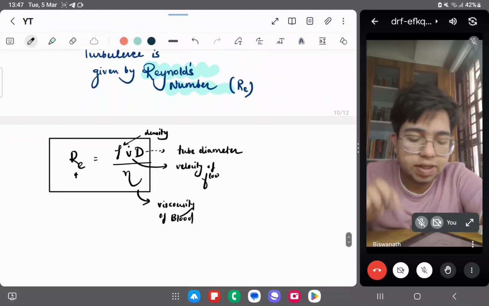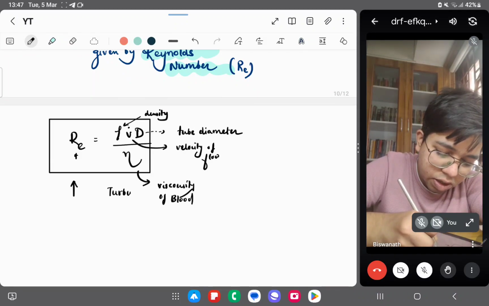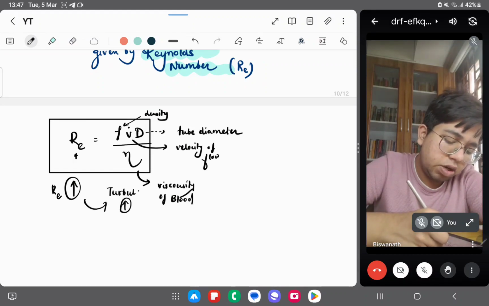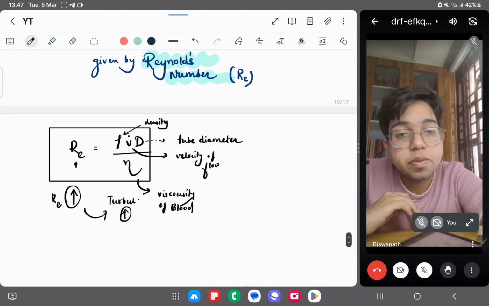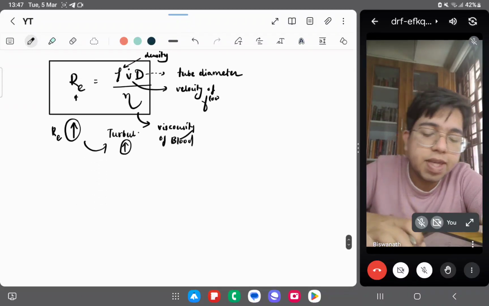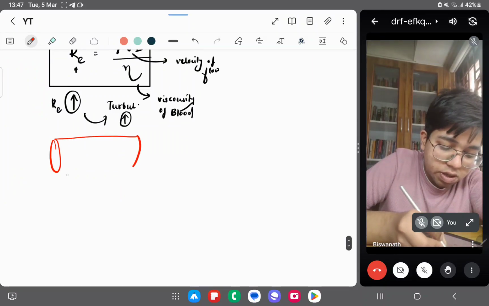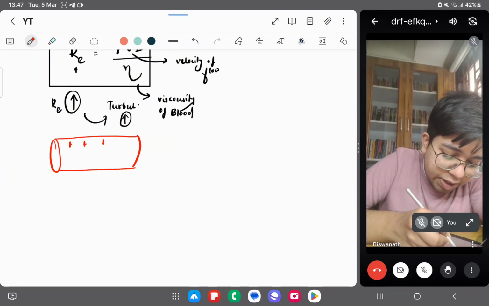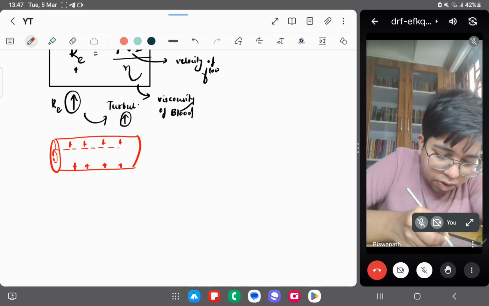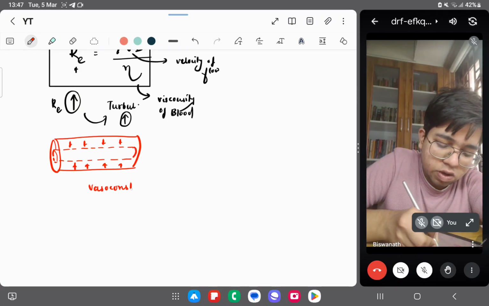And if this Reynolds number increases, then your turbulency also increases. Understood? So basically, if there is a constriction of an artery, if there is vasoconstriction, let's say an artery is there like this, and if it gets constricted to form this, it is vasoconstriction.